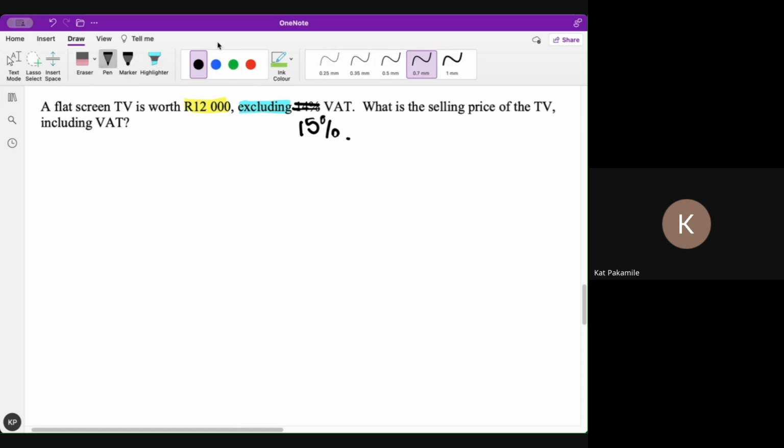So a price that is excluding VAT means that the VAT has not yet been added. Are we with me? So the question here is, what will the price be if we have included VAT?